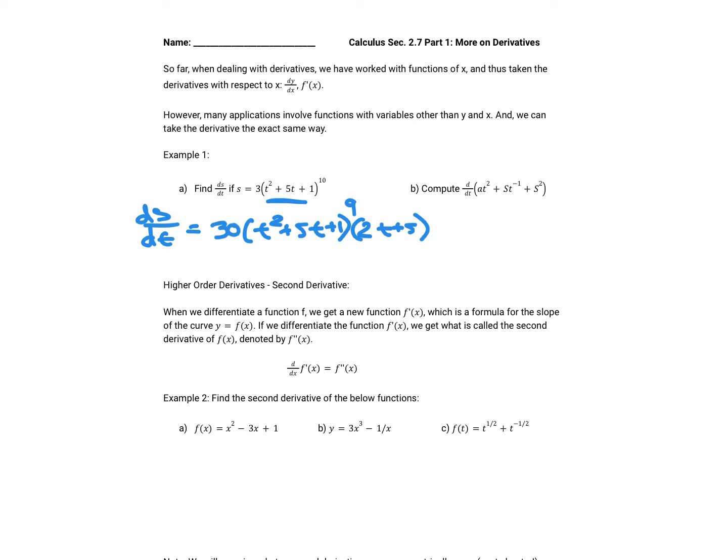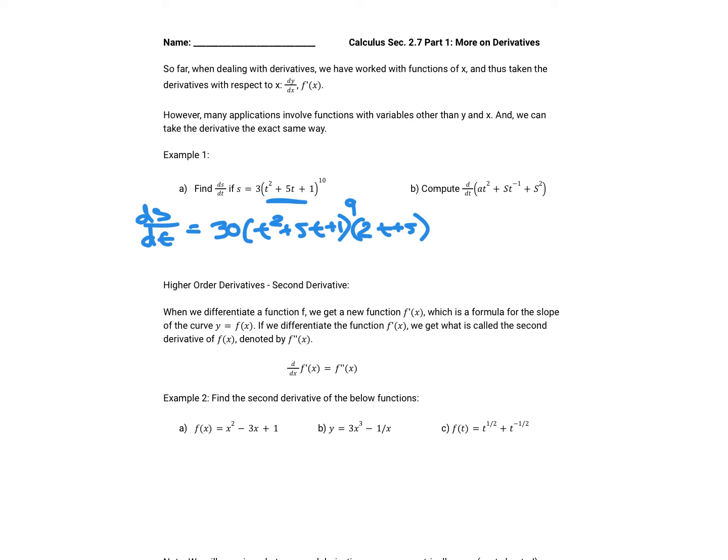Okay. Same is true for b, and notice that we're doing the derivative with respect to t. So t is your variable here. Anything else, like the other variables in here, a and s, are standing for constants. So again, just think of t as your variable.